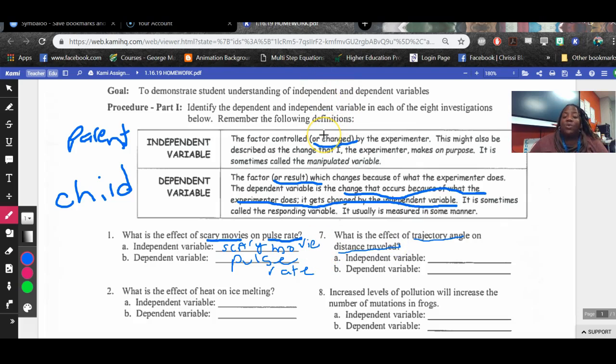What is the thing that we can manipulate? You can't manipulate your distance traveled. The thing that we can manipulate is the trajectory angle. So the independent variable, the thing that we can control, the thing that we can flip a switch on, is the trajectory angle.